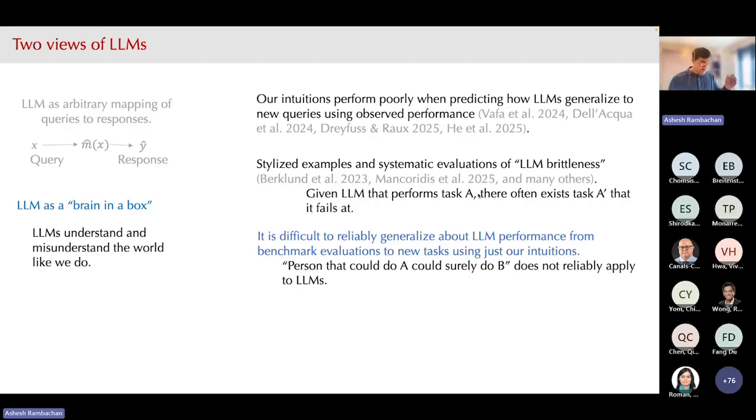I'd say one big difference between these brittleness examples is you can generate them off benchmarks as well. So you can take logic puzzles that are not in, say, Big Bench Hard and produce pairs, A and A prime, of logic puzzles where the language model will get one right, but not the other one.